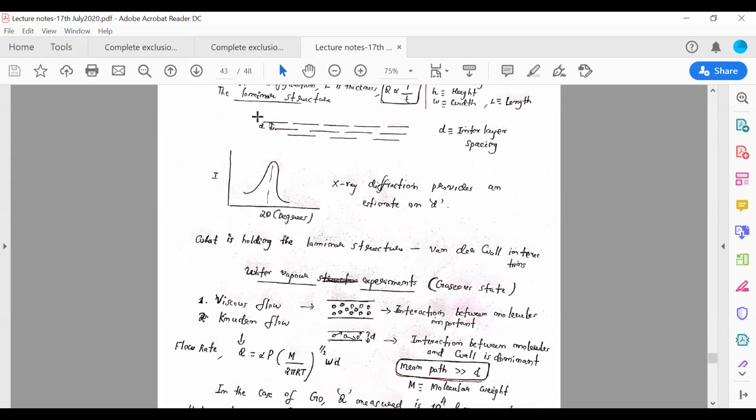And there is a new periodicity. We know that graphite has an interlayer spacing of 3.4 angstrom. From layer to layer, there is a separation of 3.4 angstrom. But in the case of graphene oxide, the interlayer spacing between the flakes, between graphene layers, is much more than 3.4 angstrom.